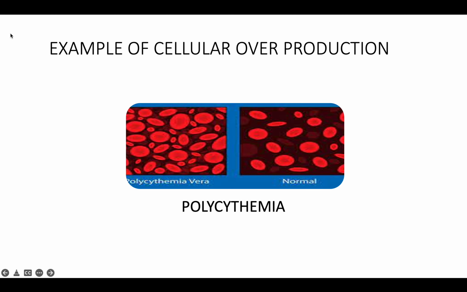So we talked about cellular underproduction, right? And we looked at those 4 different types of anemias. We also have cellular overproduction, and that's in a process called polycythemia vera. So remember the trigger for hematopoiesis or erythropoiesis, red cell production, is hypoxia, right?